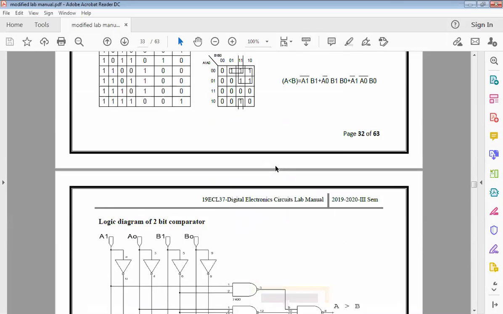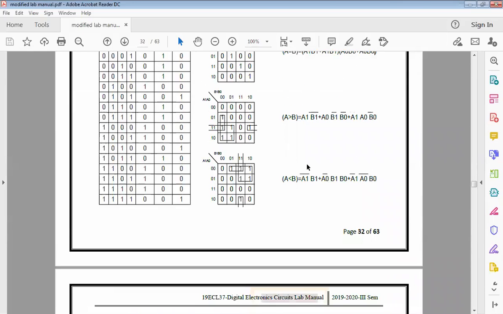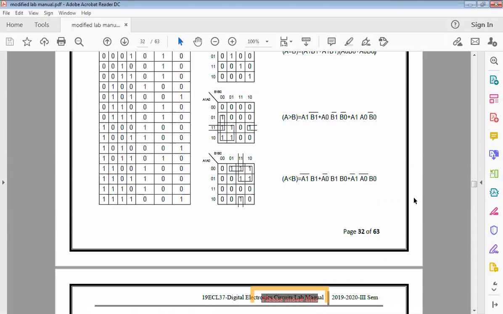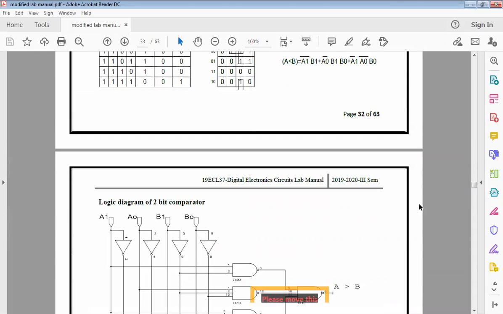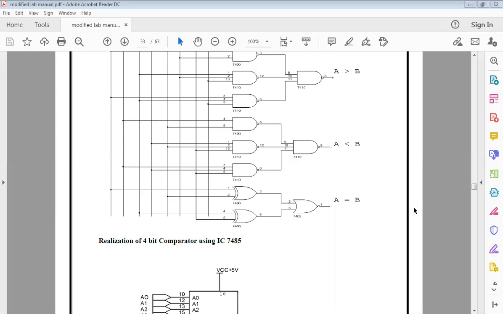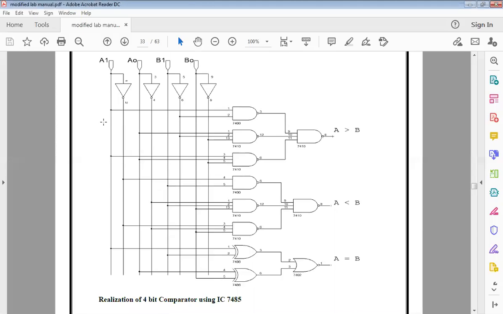Once we have these equations, it's very easy for us to implement them, and the outputs greater than b, less than b, and equal to b can be obtained. Continuing our discussion, students, any doubts here as to how we got this circuitry?